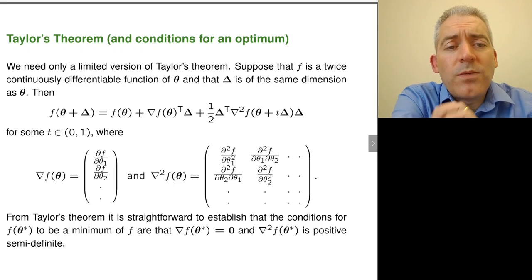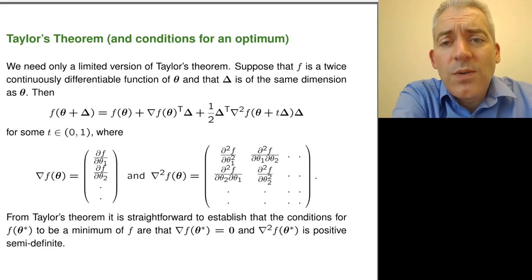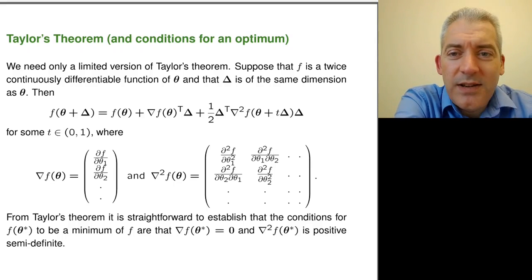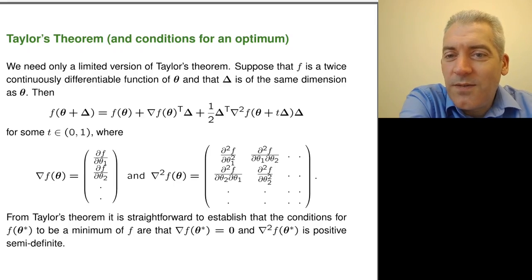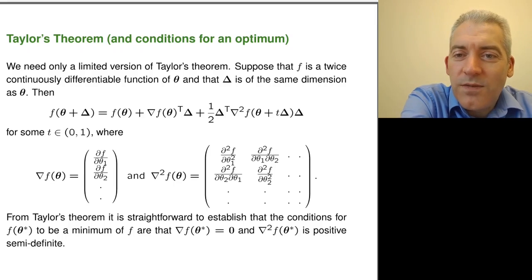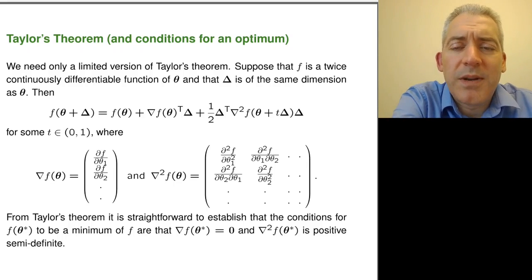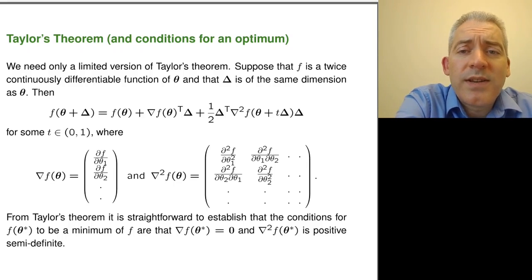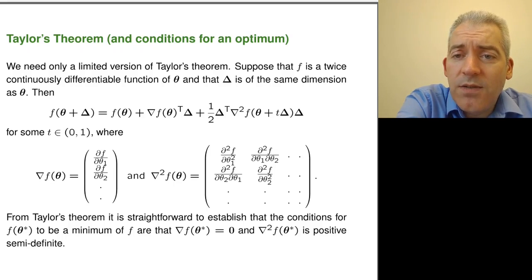Now, Taylor's theorem can be presented in lots of different ways. If you're familiar with the real case, a real-valued function of a real input variable, which is the version you typically meet first, you'll know that Taylor's series is an infinite series. Taylor's polynomial is some finite truncation of that infinite series.